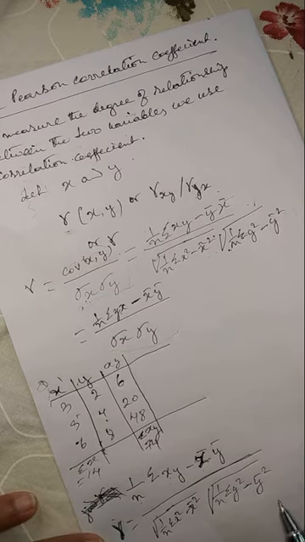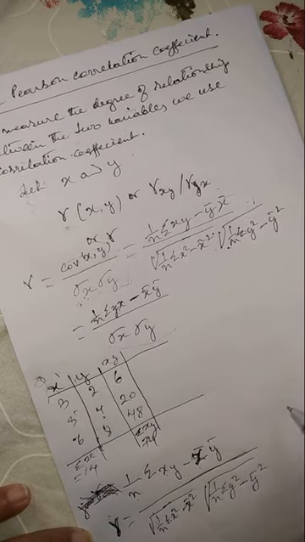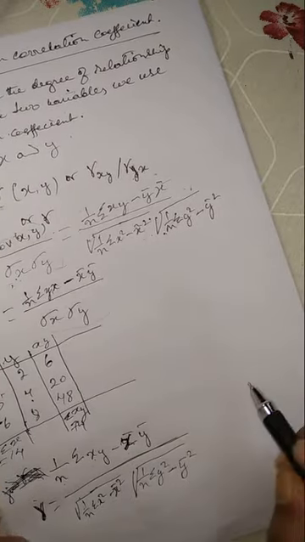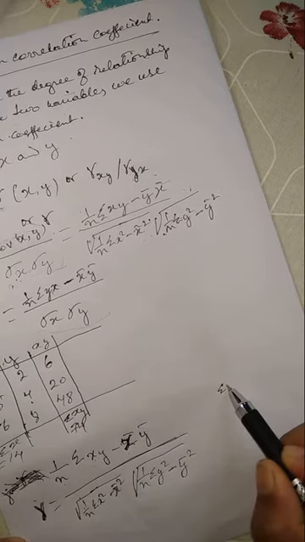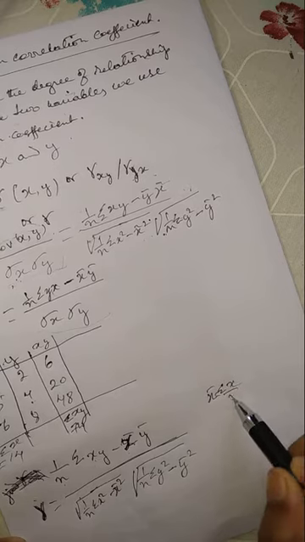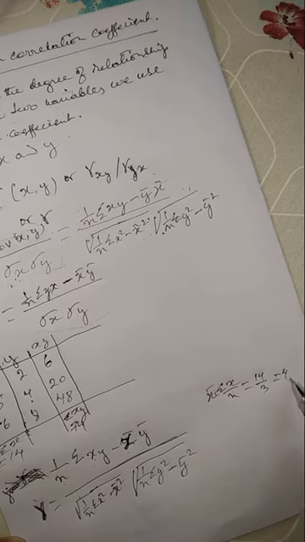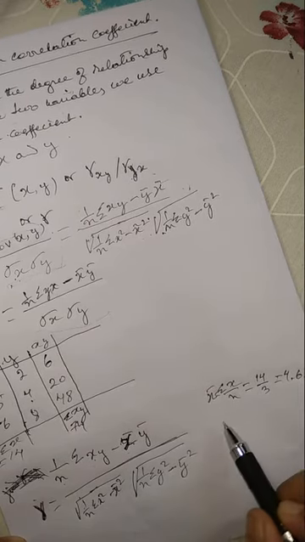Okay, so let us write here in the corner: x bar equals summation x by n, which is equal to 14 by 3, which is equal to 4.67, and then y bar.